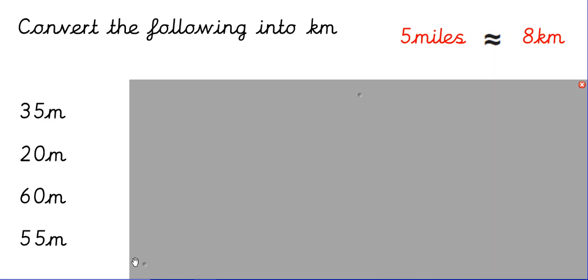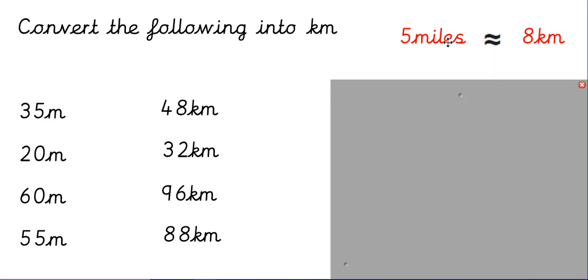Okay, so we're remembering that we have both of our mile sides. We've got 5 miles, first of all, and we've got 35 miles, haven't we? So we work out what we've done to 5 to get 35. We've multiplied by 7.